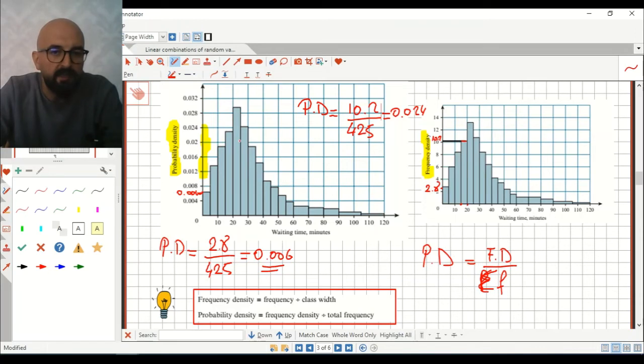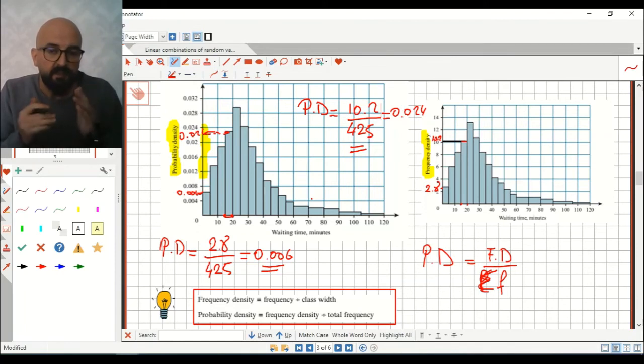For example, in this situation, the 15 to 20 area has this probability density of 0.024.